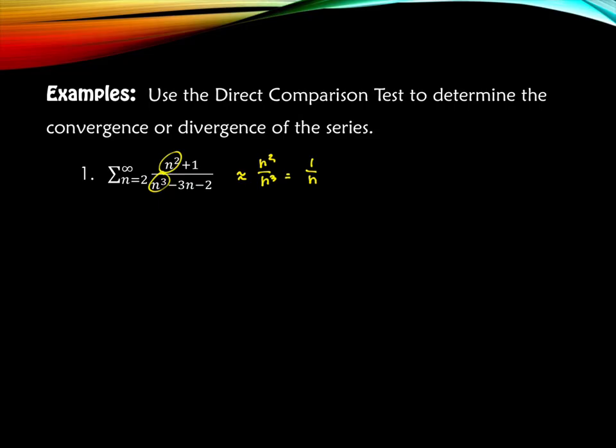So as we're taking a look at this, the series that they gave me is pretty close to and almost exactly like something that I know diverges, so it's probably going to diverge. Does that make sense? Eventually, these two series are negligibly different. And if one of them diverges, we would expect that the other one would as well.